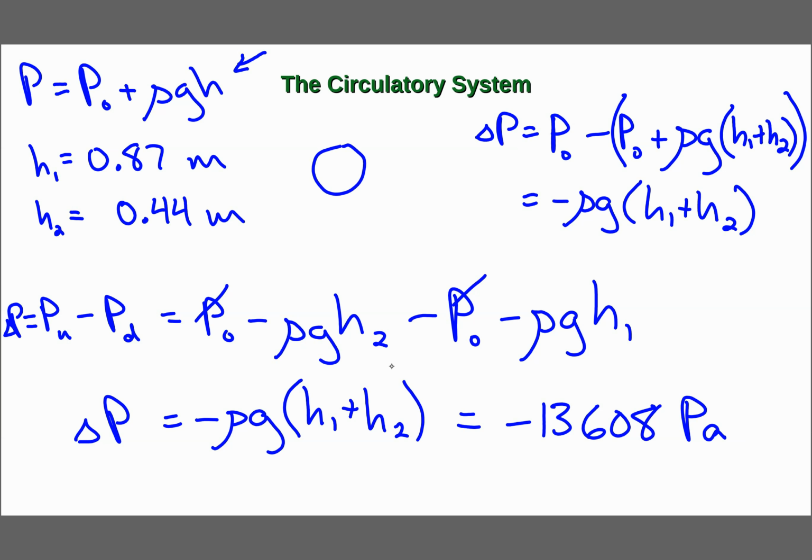And a nickel has a radius of about 10.5 millimeters, okay? So it's 0.010605 meters, okay? So a radius of just barely over a centimeter, right? 10 millimeters is a centimeter.